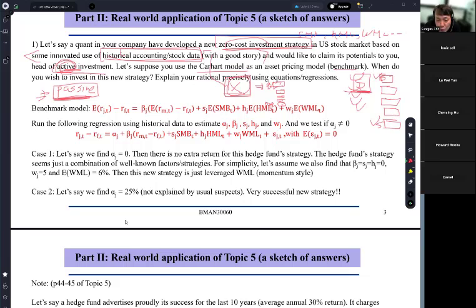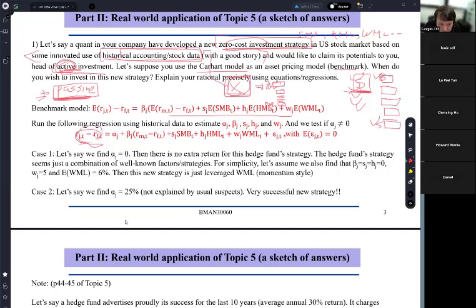You want to know whether this new strategy is really generating new alpha. We're trying to get the alpha from implementing this strategy. So the benchmark model will look like this, the Carhart 4-factor model. How do we know this new strategy is generating alpha? We're going to run the regression. The left-hand side is the excess return from investing in this asset, the return from buying a group of firms and short selling a group of firms.